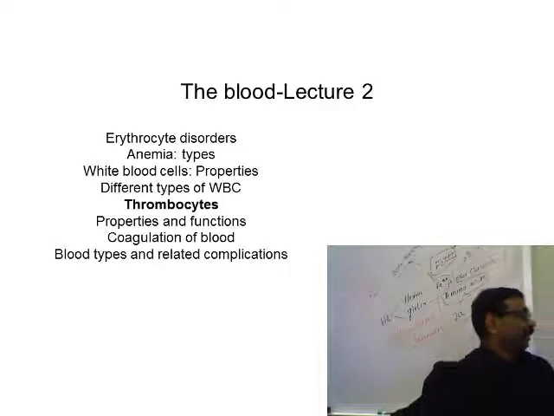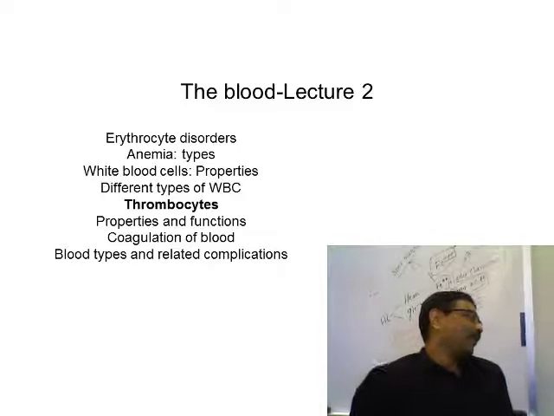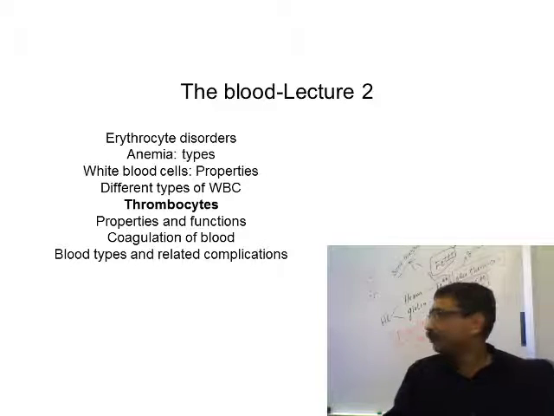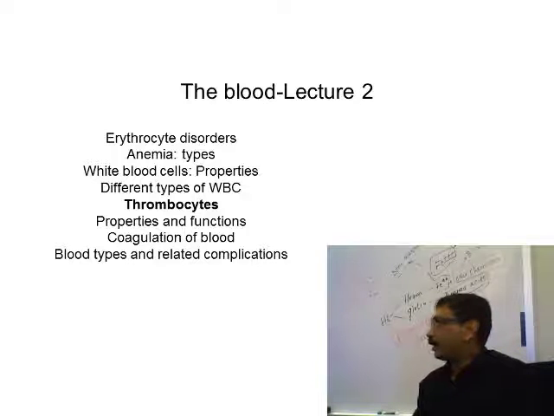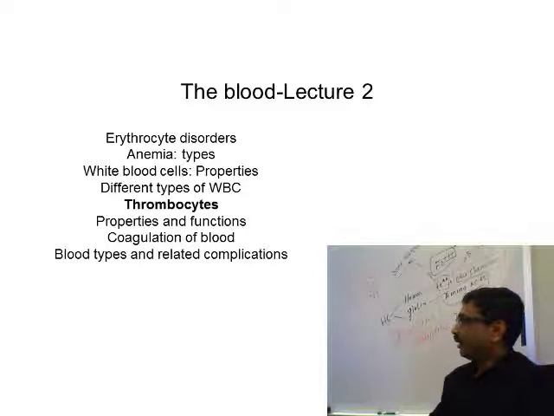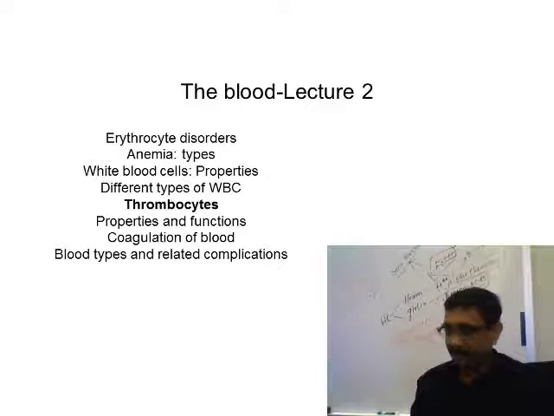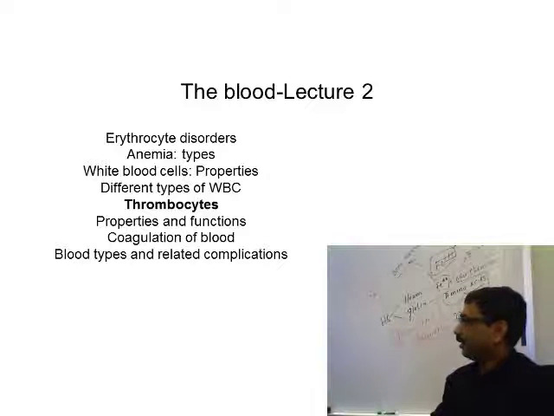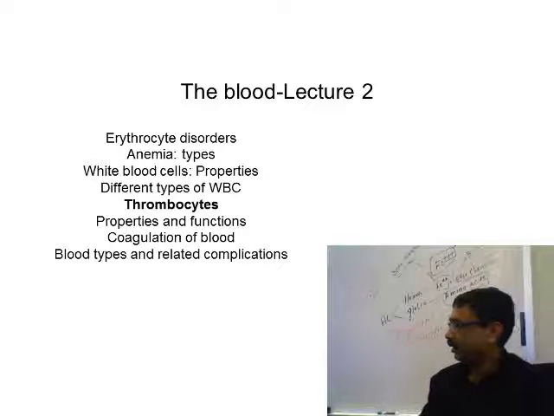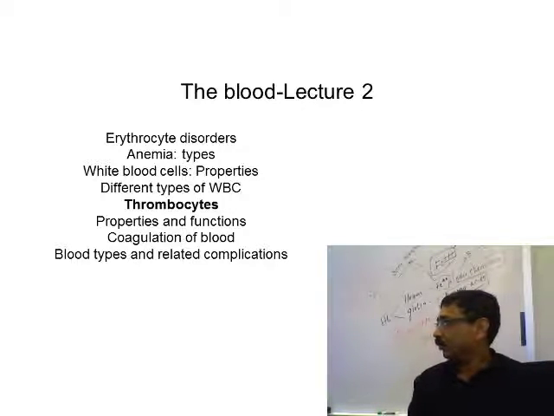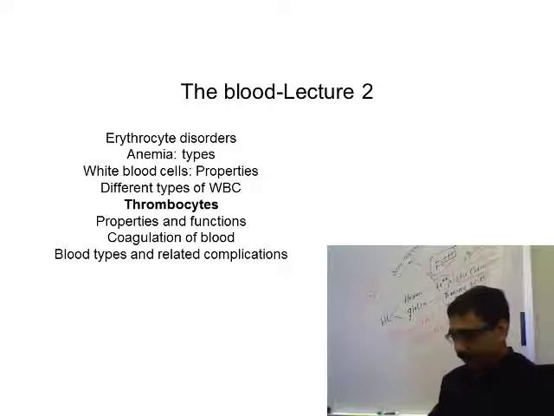Okay. Then we'll talk about the white blood cells. First, we'll see the properties of white blood cells. Then we'll see different types of white blood cells. Then we'll talk about also some disorders of white blood cells. It's not listed here. Then we'll talk about another type of blood cells, thrombocytes.